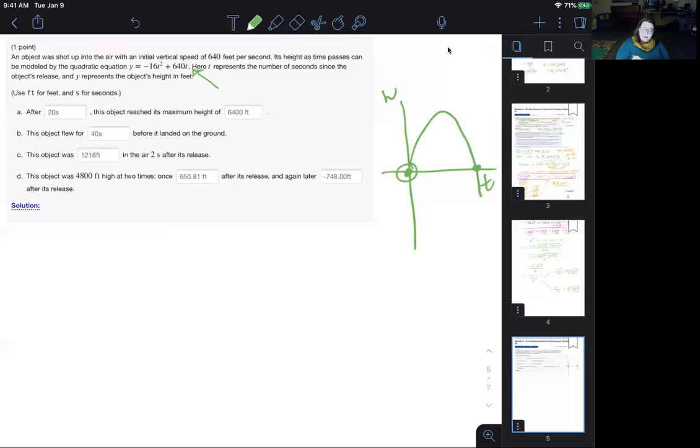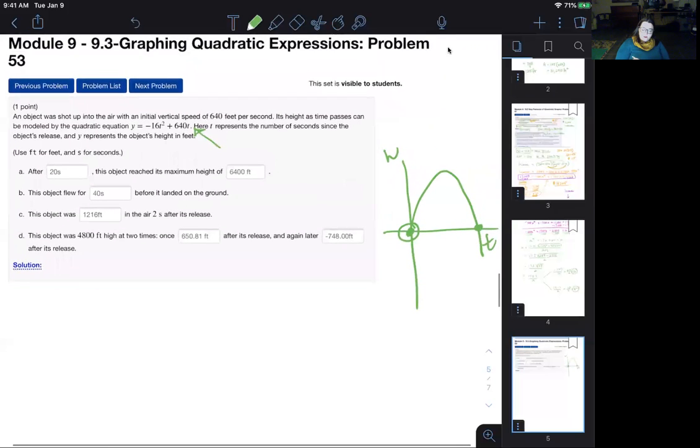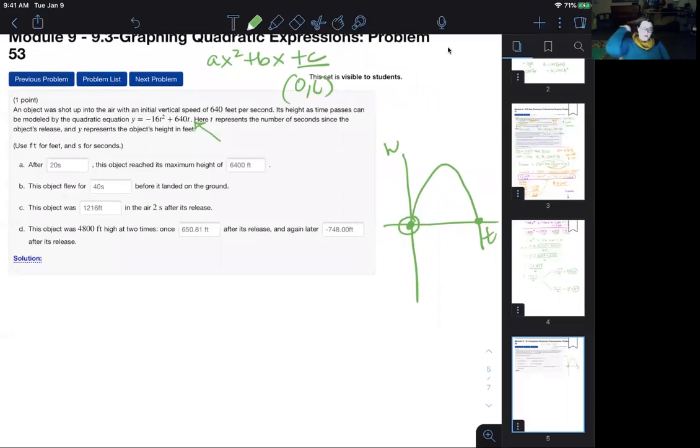So when we think about our standard form of a quadratic, ax squared plus bx plus c, c is going to be our y-intercept. And it's also saying that it initially starts on the ground. And then we can use the formula, and we can even graph it on Desmos as well.